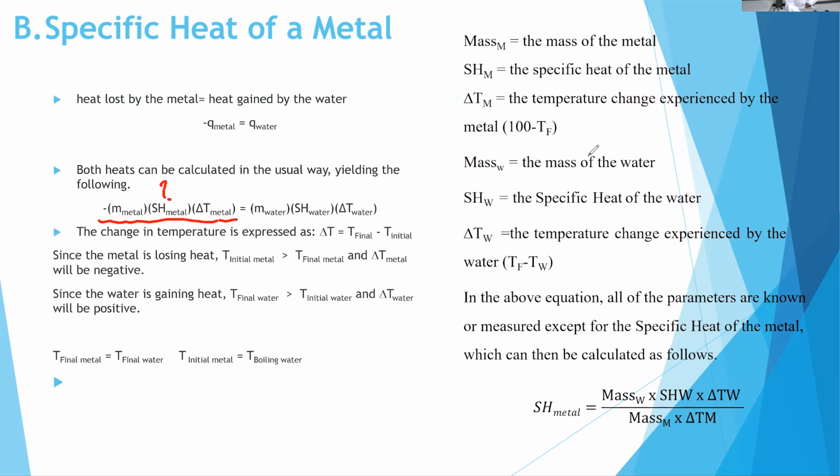For the mass of the water, you're using volume times density. Specific heat of water is given. The change in temperature of water is calculated, and now you can find the specific heat for the metal if you have everything else. And that is another purpose of this experiment, to find the specific heat of a metal.